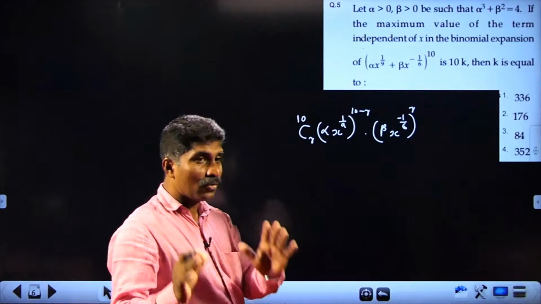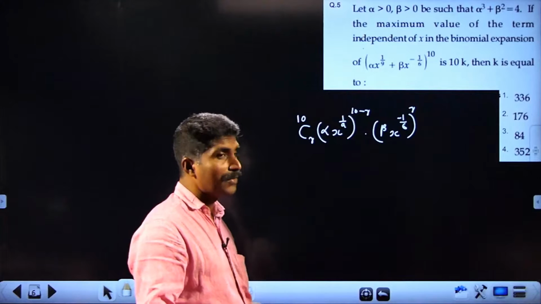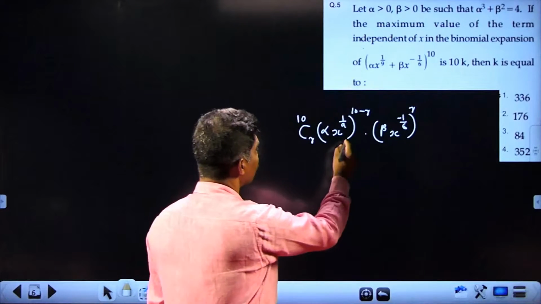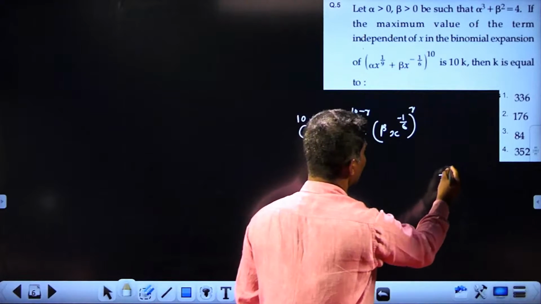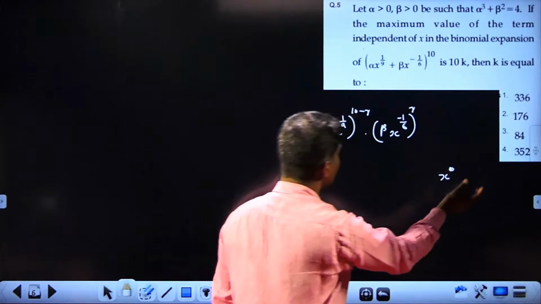We are not going to expand this completely at present. We are taking only the power of x. What is the power of x here? We need x raised to 0, so the power of x should be equal to 0.